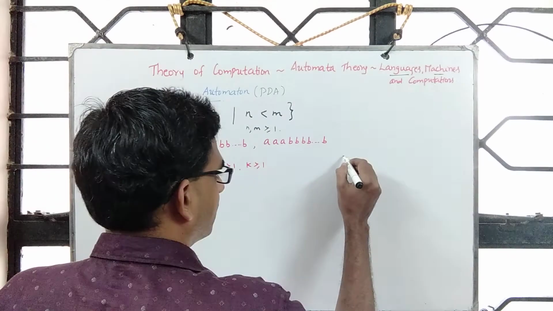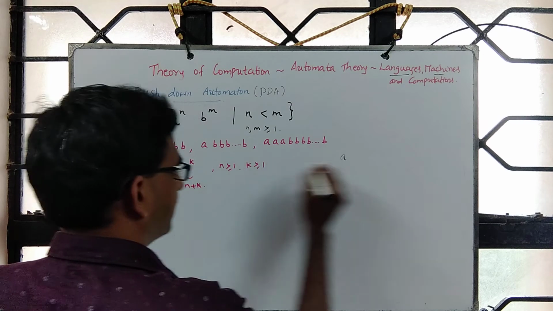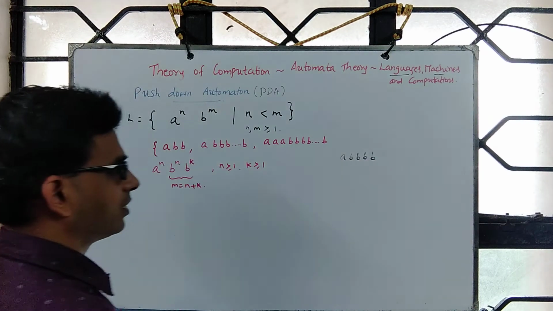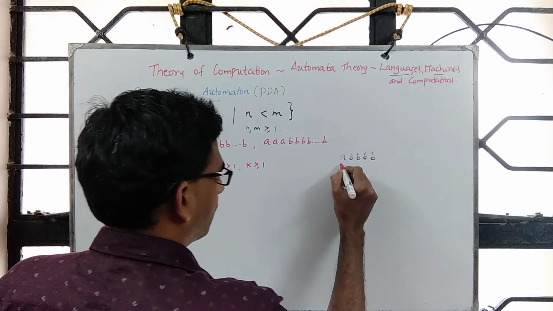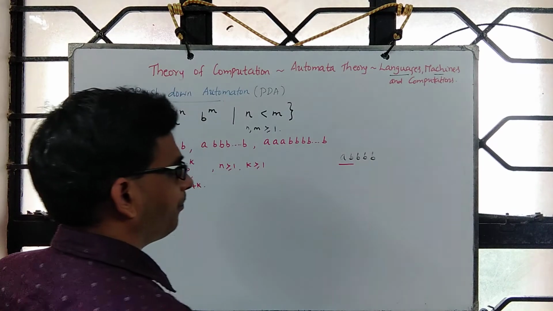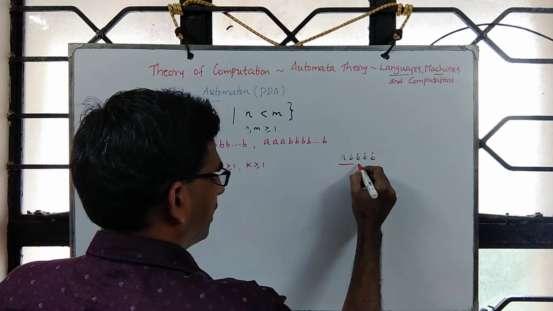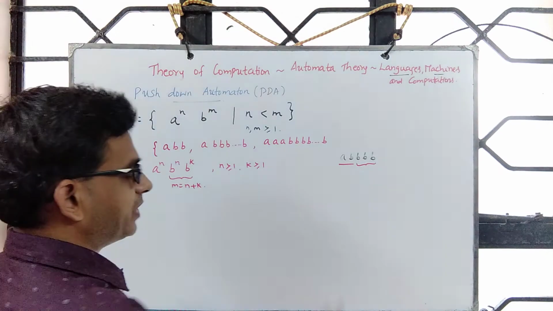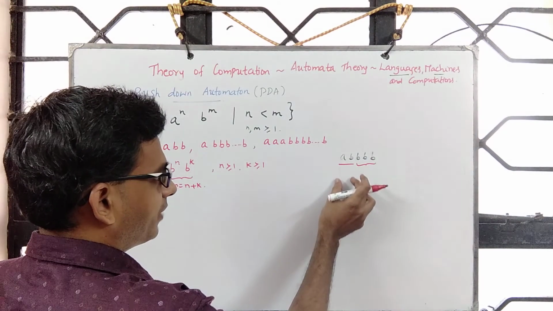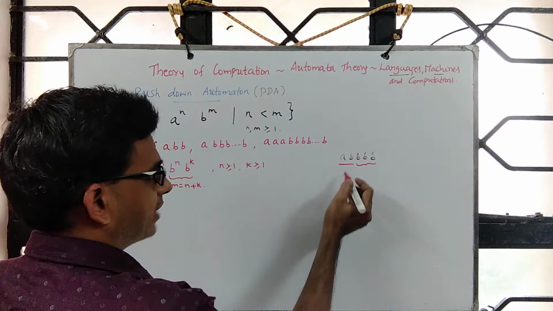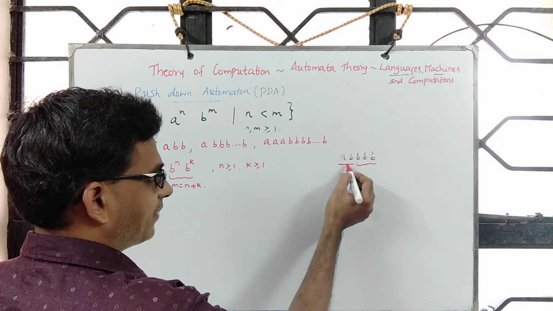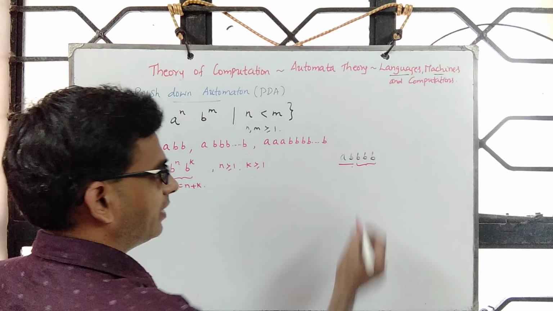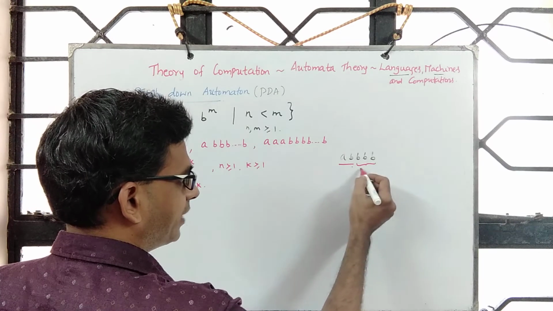So let's look at this string, say a followed by 4 b's. Now a b is valid, and then we get to see this part, which means if you mimic the behavior of a power n, b power n, the stack will contain z0 at the end of this configuration, and then we get to see the input tape is not empty.